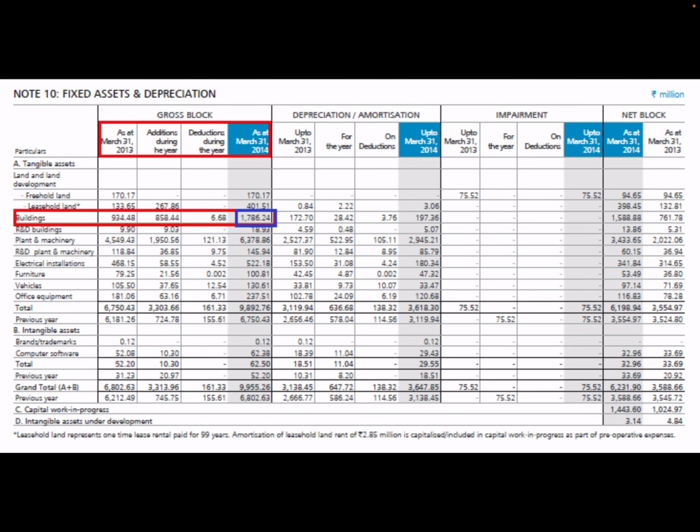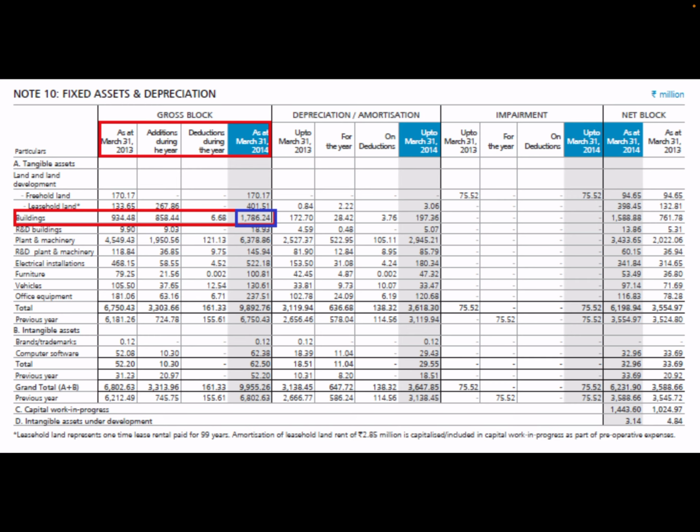As of 31st March 2013, ARBL reported the building value at rupees 93.4 crores. During the year 2014, the company added rupees 85.8 crores worth of building. This amount is classified as additions during the year.